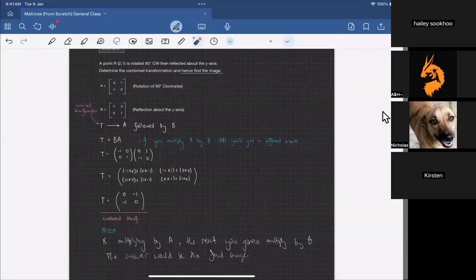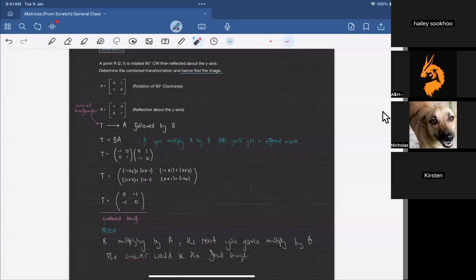All right, so I'm just waiting on a couple of answers. Oh wait, then it's not T alone, eh? It's not T. Let's understand what we're doing. We're multiplying T, the combined transformation, by the object. What's the object? R. Yeah, let's say TR.